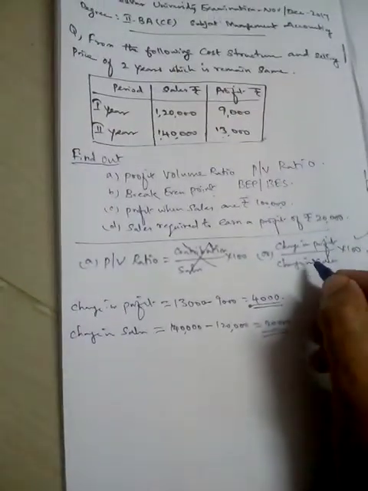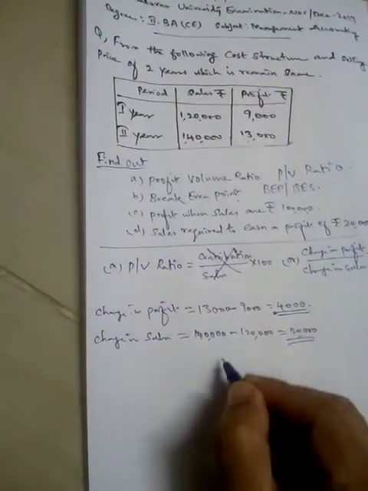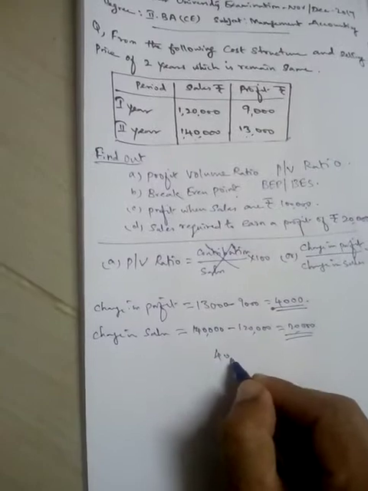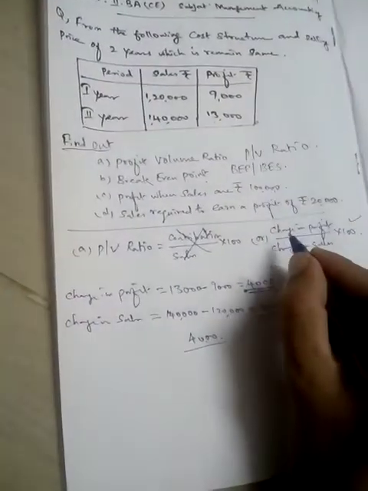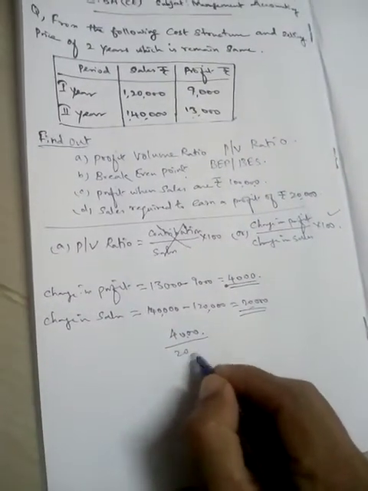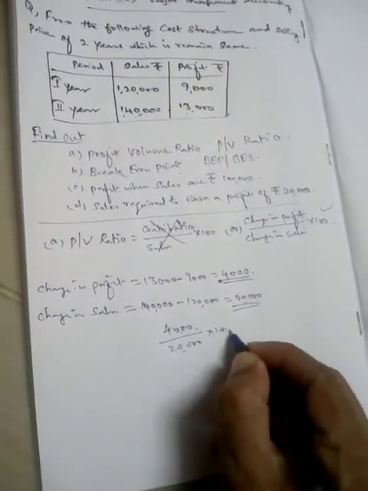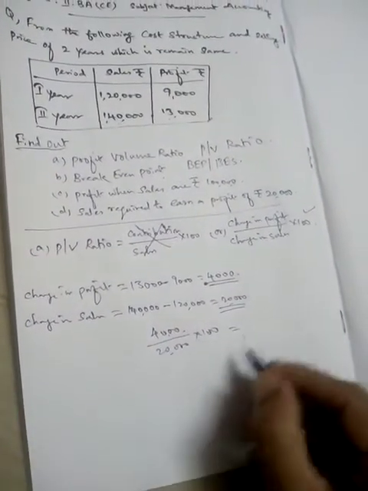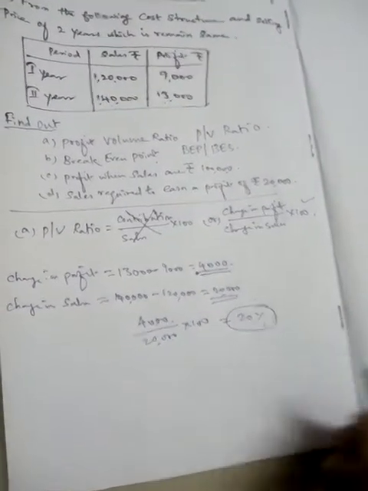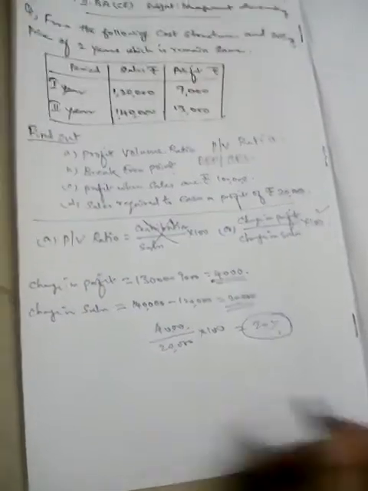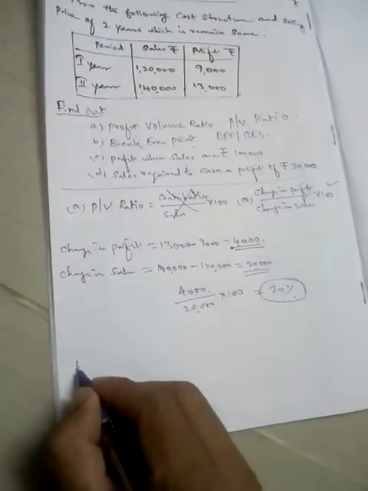Now use the formula: change in profit, that is 4,000, divided by change in sales, that is 20,000, into 100. If you simplify this, you get 20%. Now we go to the second one.